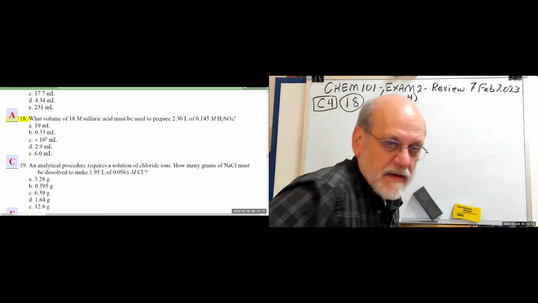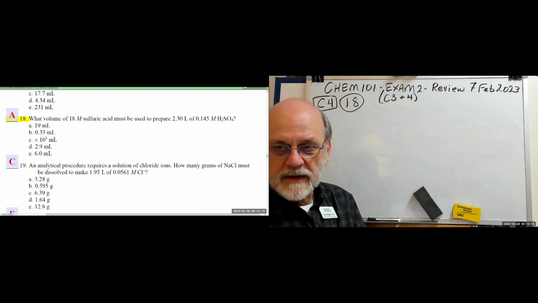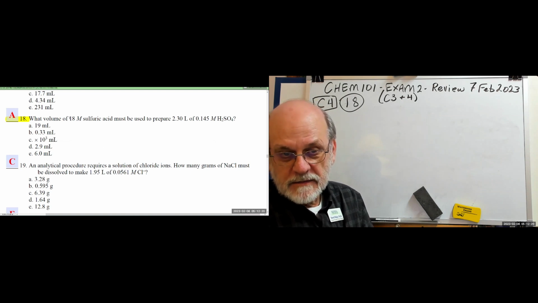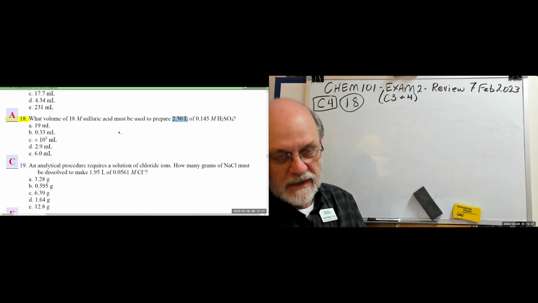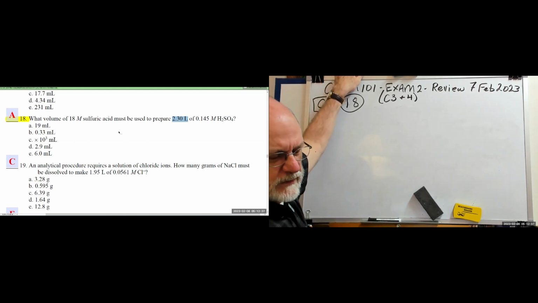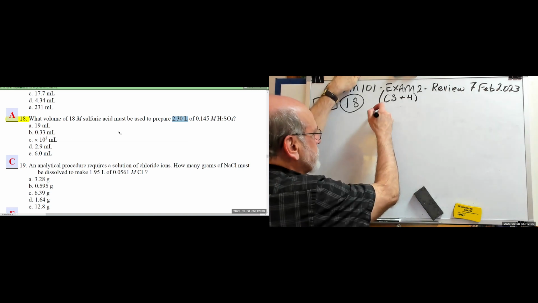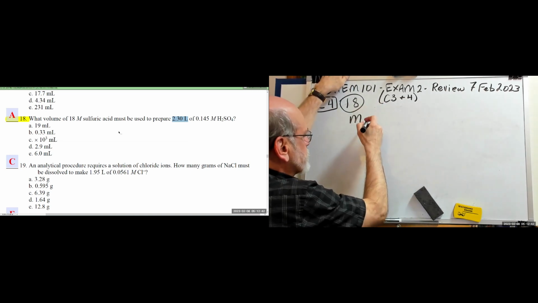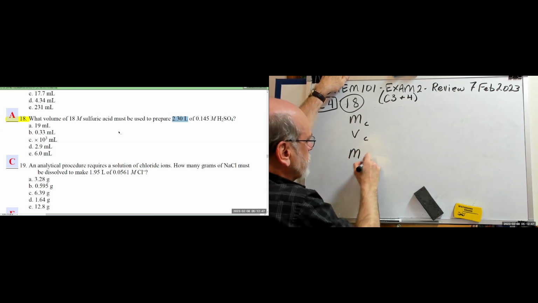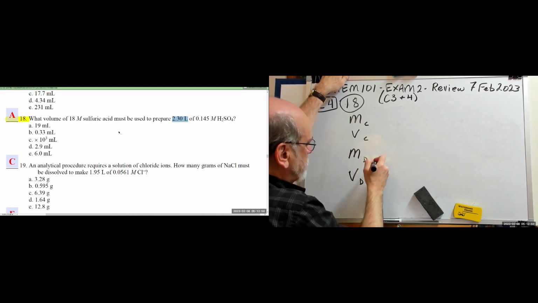All right. The way you know this one is a dilution problem is you've got a beginning concentration of sulfuric acid, you have an ending concentration, you have an ending volume, but you don't have a beginning volume. So if we set it up like we did in the lecture, we'll say concentrated molarity, concentrated volume, diluted molarity, diluted volume.